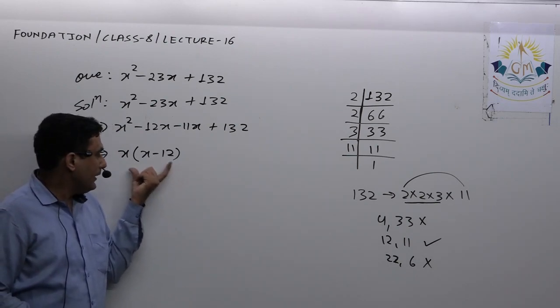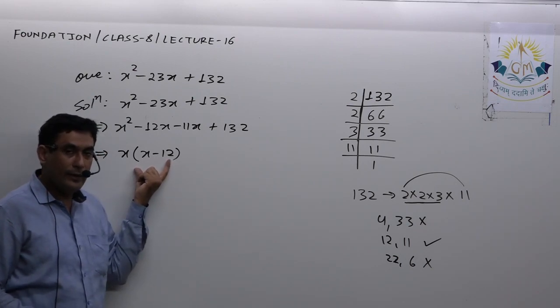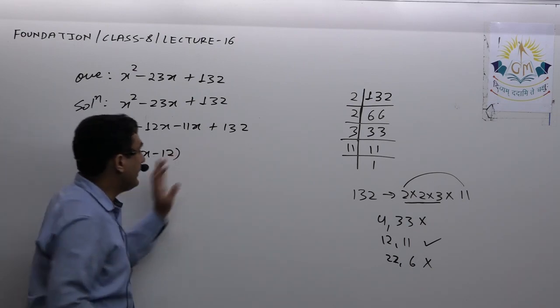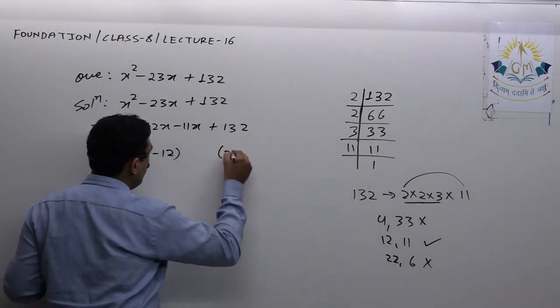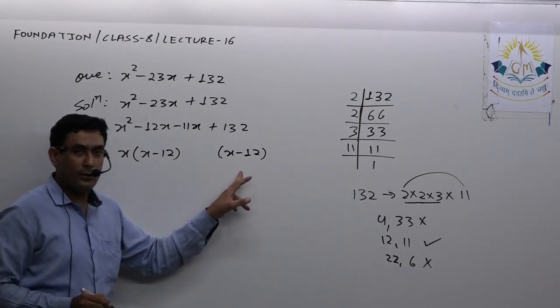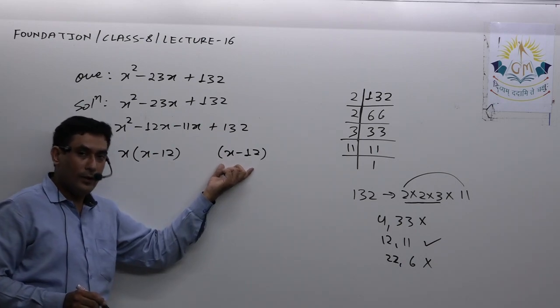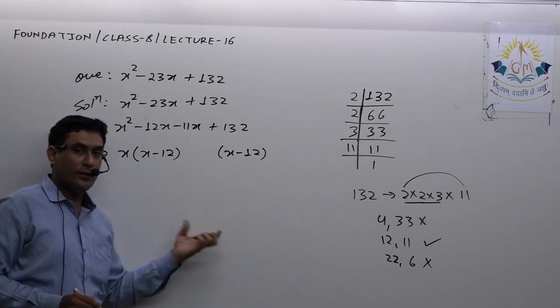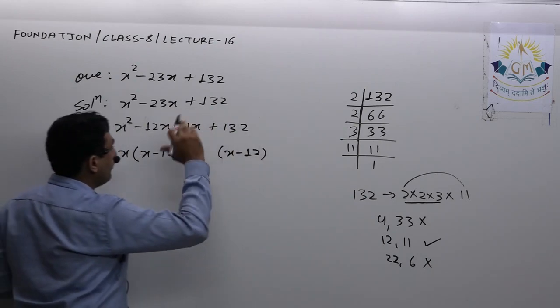So definitely after taking common, this should be in the bracket. If you are not getting what should be taken common, do one thing: write this first. I wrote x minus 12 first. Why? Because I know here it should be x minus 12 to make it factorize further. Now here, x minus, I will go in the reverse direction.